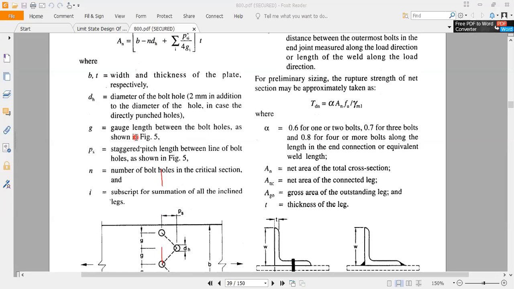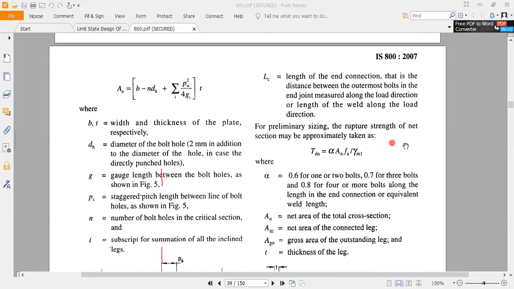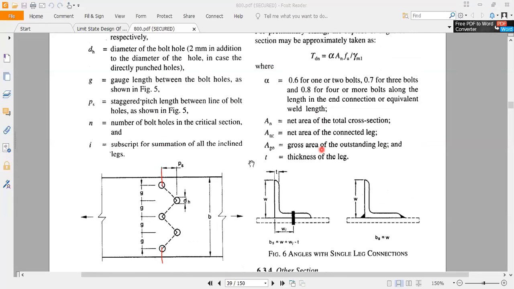Now you see, when you are selecting this line, the number of bolts coming is 1, 2, 3, 4, 5. That means b minus n d_h.